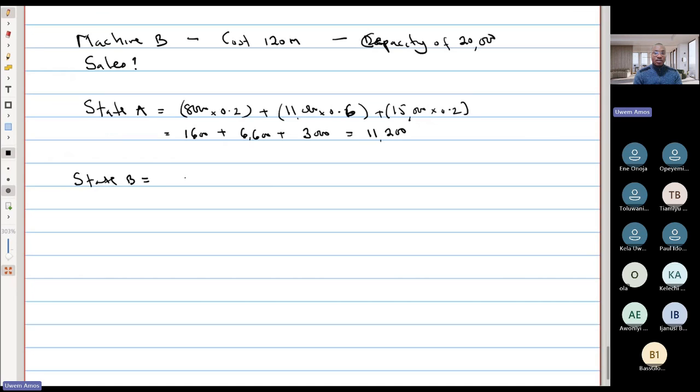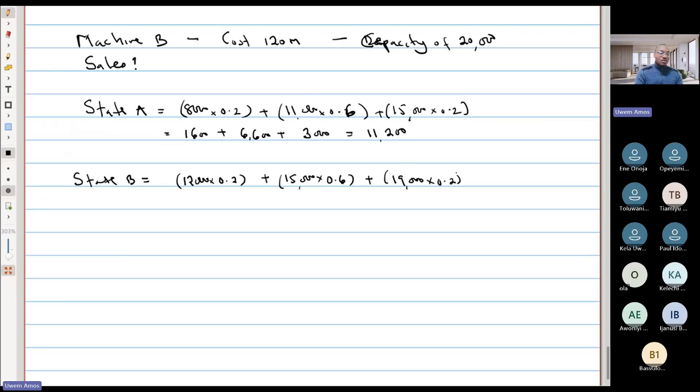So that would be 12,000 multiplied by 0.2 plus 15,000 multiplied by 0.6 plus 19,000 multiplied by 0.2. Okay, so let's get that in quickly.